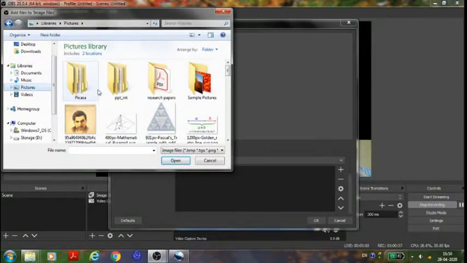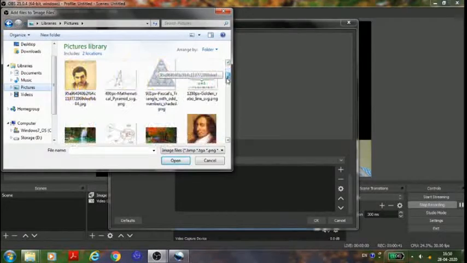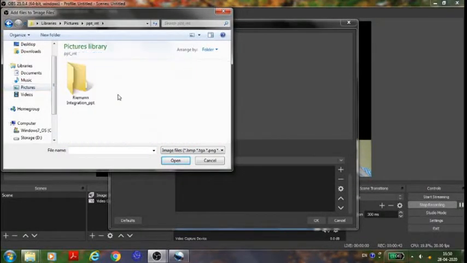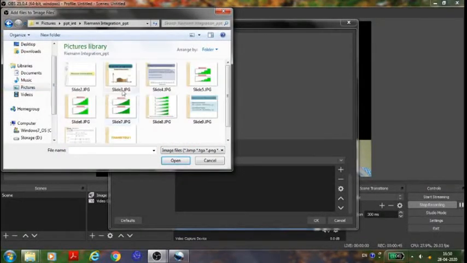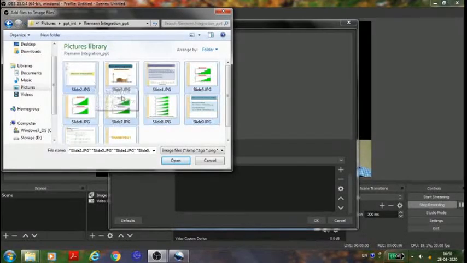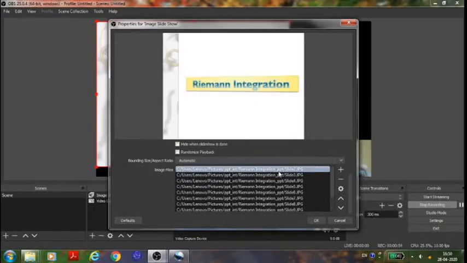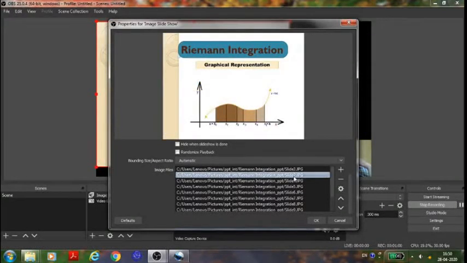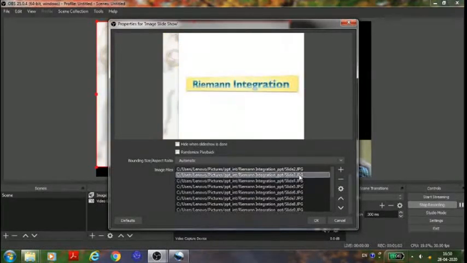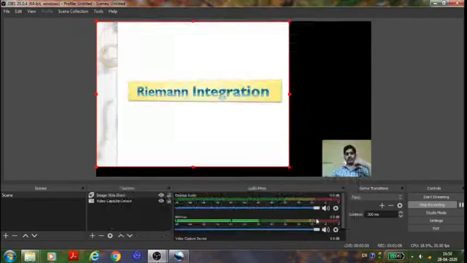So you just click on that image slideshow and choose the image files that you want to add, and you can rearrange them here using these arrow keys up and down. So click on OK.